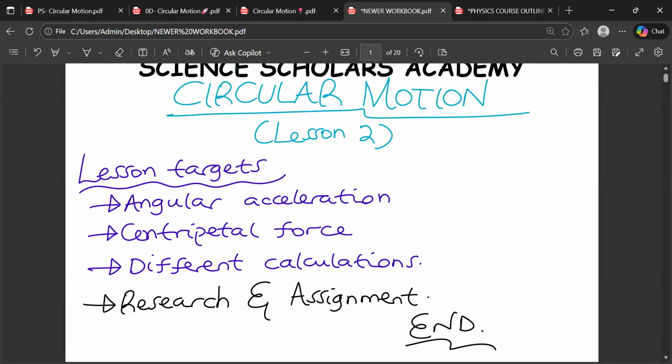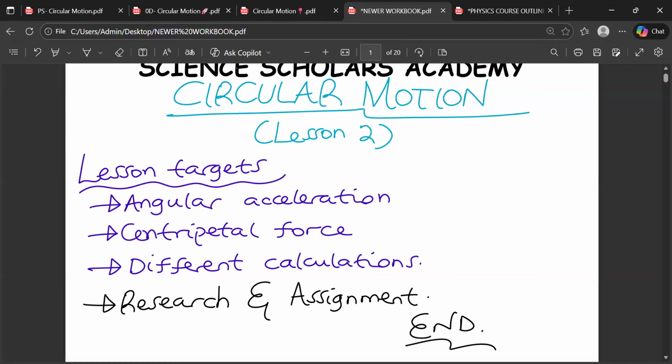Then we talked of the angular velocity. And we also talked about it as the rate of change of angular displacement. And you all know the angular displacement as that angle, of course, displacement. So I hope you remember those few terms that we discussed in lesson 1 because we are going to need them right now.